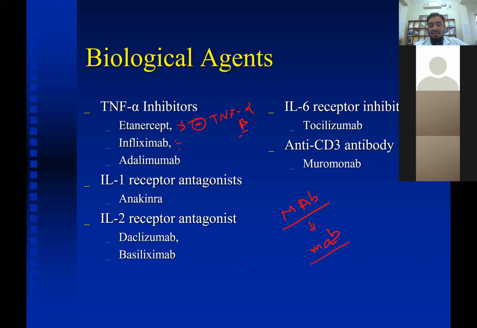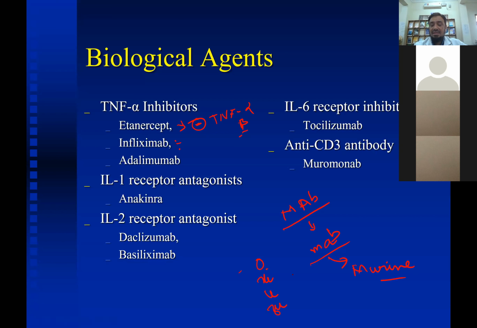Remember that the prefix may vary. There may be a prefix O, there may be a prefix XI, there may be a prefix UMAB, or there may be a prefix ZUMAB. OMAB is the monoclonal antibody which is murine, that is, obtained from mouse.